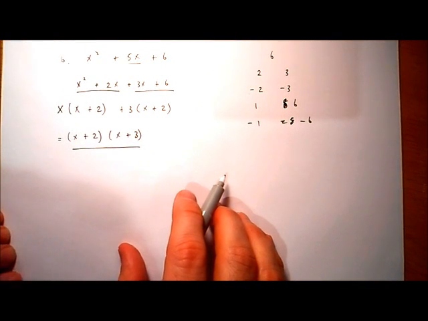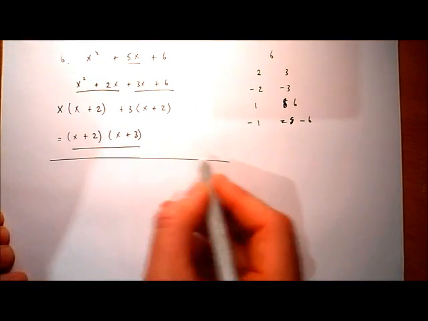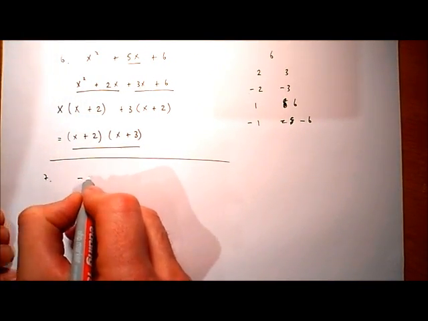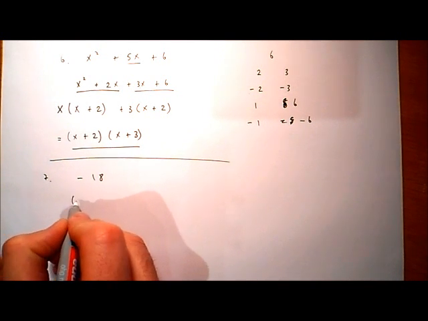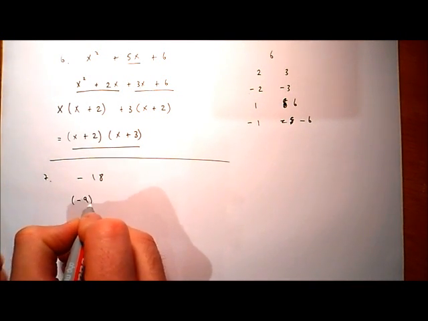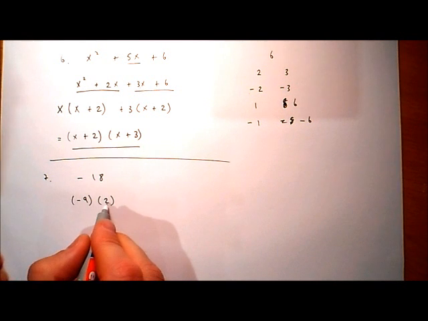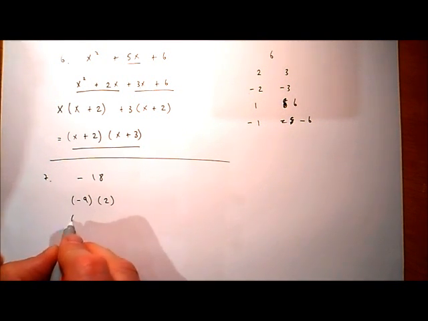Okay, so next one I've got part 7. I've got to factorize minus 18. It's a negative number, so to factorize that, I'm going to have one positive and one negative number. So minus 18, I could factorize it by writing minus 9 times 2, so 2 times minus 9 gives minus 18.